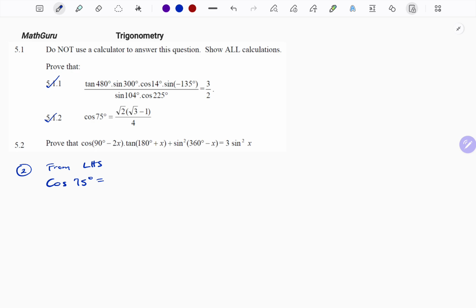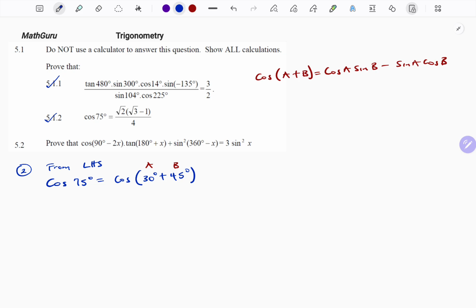I'm going to be using my compound angle identity. So if I break down cos 75 degrees, that's equal to the cosine of 30 degrees plus 45 degrees. And my compound angle rule states that the cosine of angles A plus B is equal to cos A cos B minus sine A sine B. In this case, my A will be my 30 and my B will be my 45 degrees.